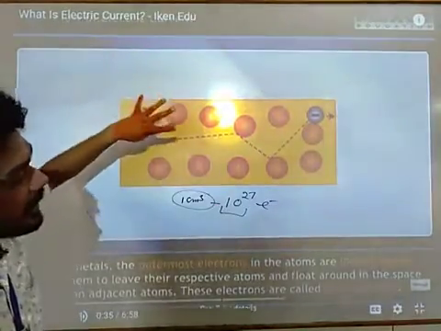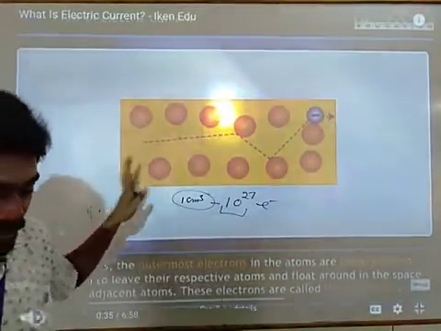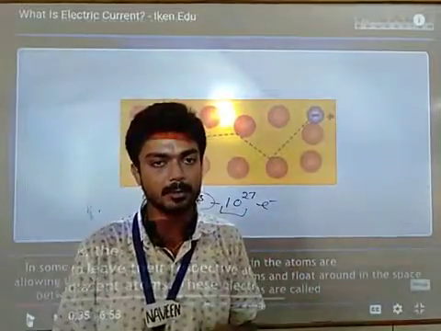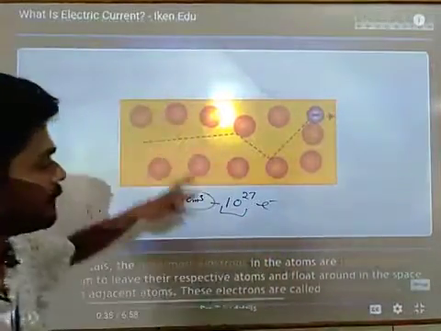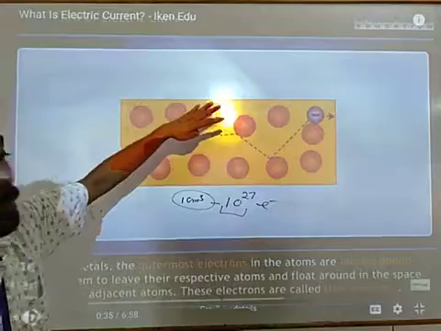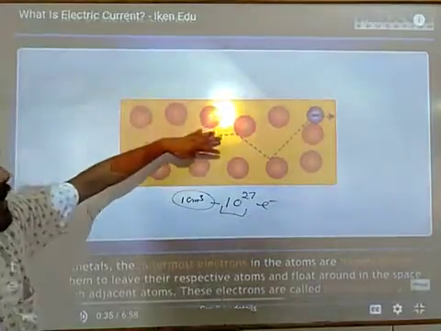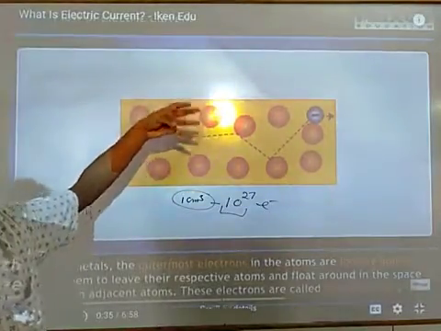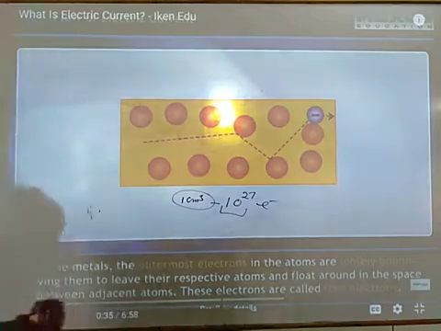In such a dense atmosphere, an electron cannot go free. It will definitely go through some collisions with the particles, with the atoms.